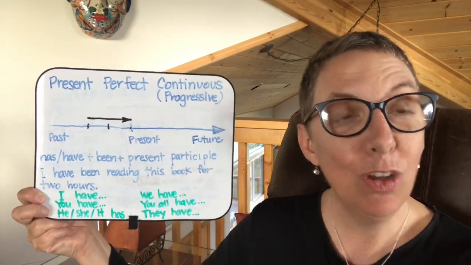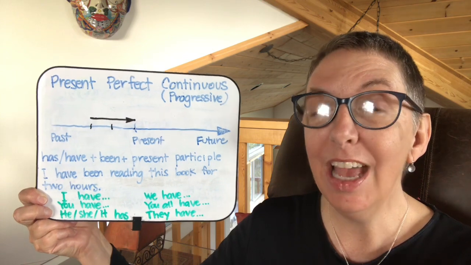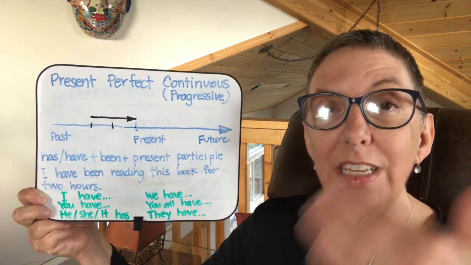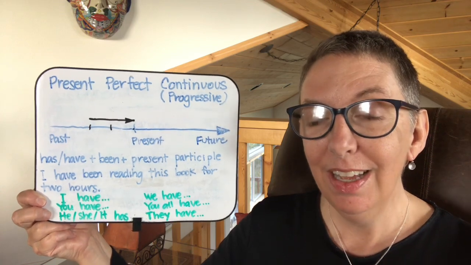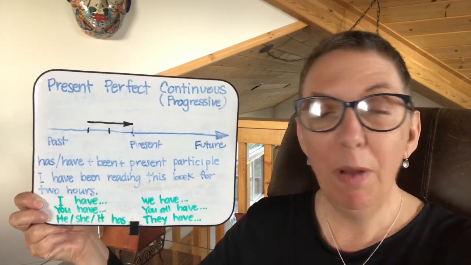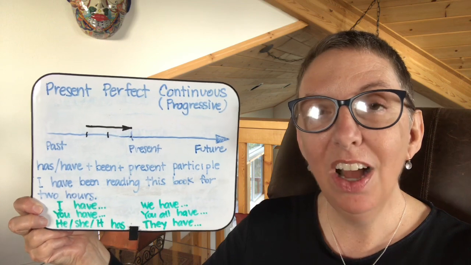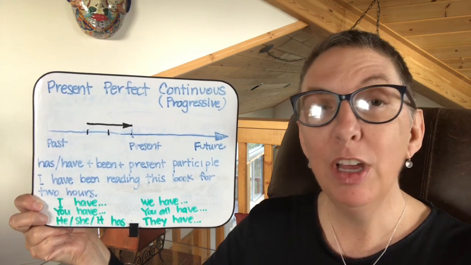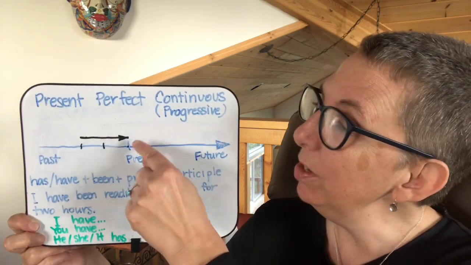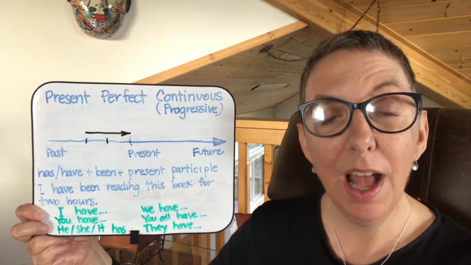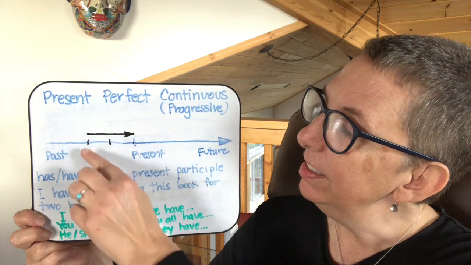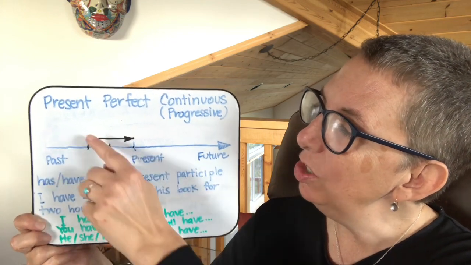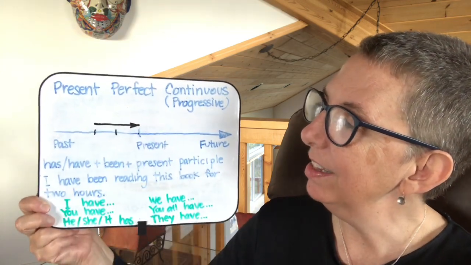So you can see what we're doing is we're saying that we have been continually reading the book and that it's lasted for 2 hours. Based on this sentence by itself, without any context, we don't know if we will continue to read the book into the future or not, but we could. So I've written here a little diagram so you can see this represents 2 hours that I've been reading this book.